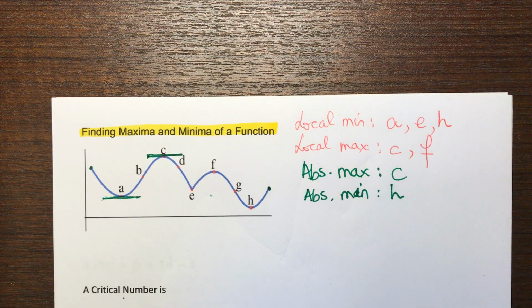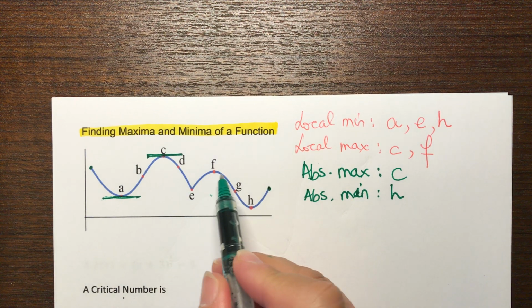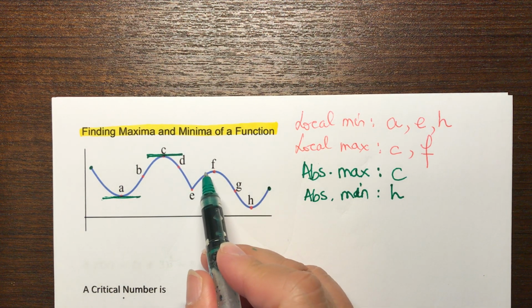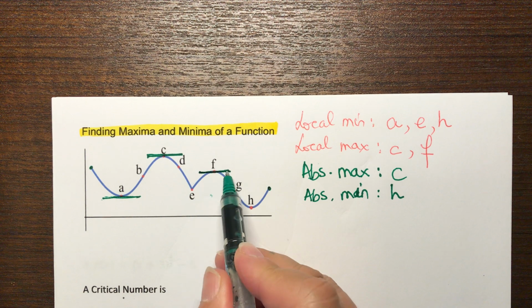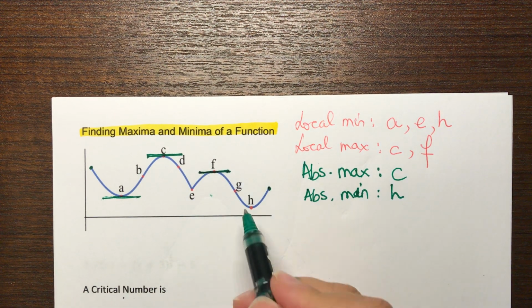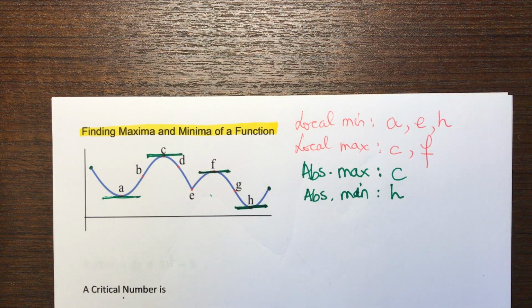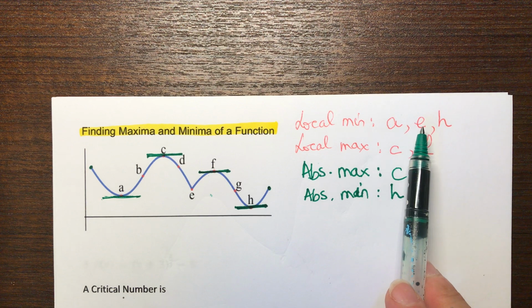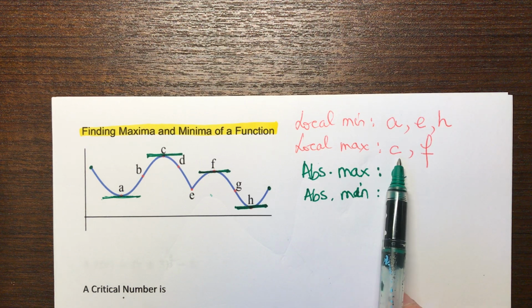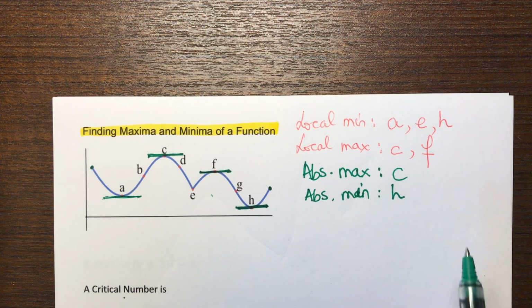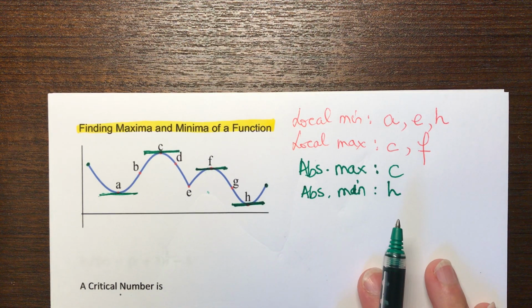Again, looks to me like it's going to be horizontal. All right. What about F? Where is the tangent line? The tangent line is going to sit right at the top, horizontal again. And here, a horizontal tangent line again, yes? So at least at A, C, F, and H, the tangent lines are horizontal.